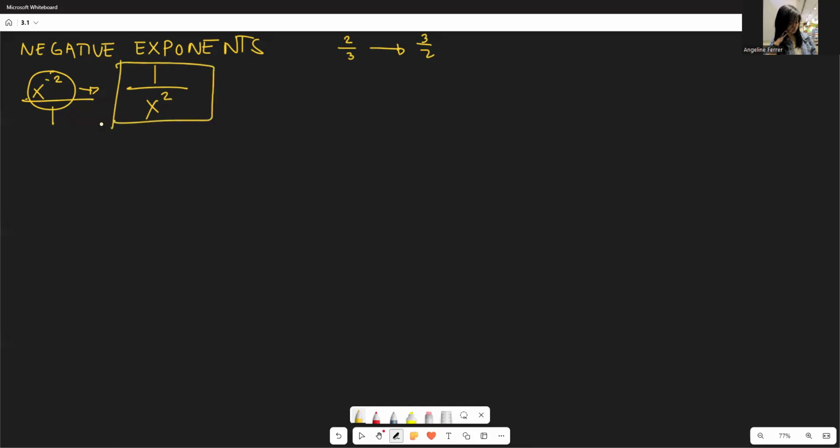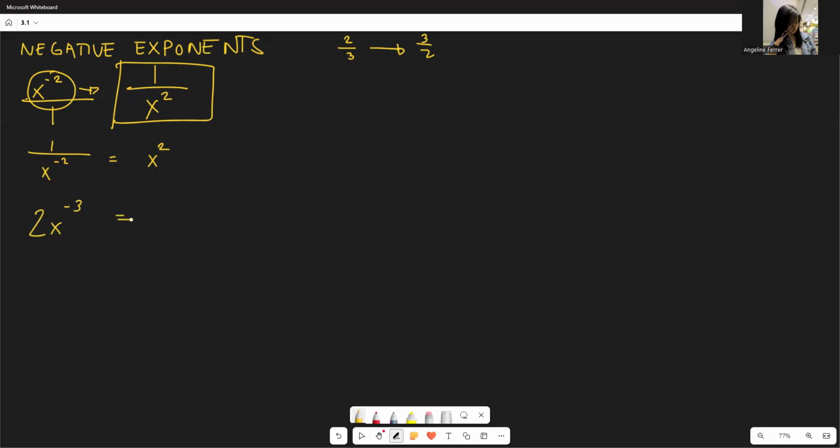So if it's the other way around, like for example, we have 1 over x raised to negative 2, then we do the opposite thing. So that's going to be x squared. But what if there are other values? For example, we have 2x raised to negative 3.